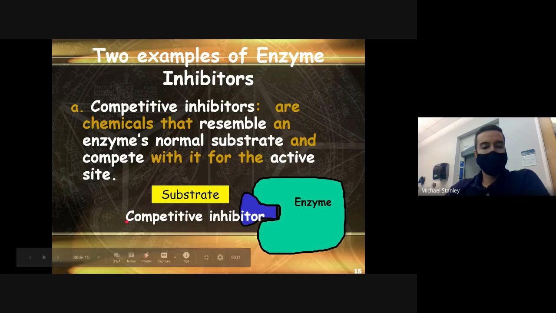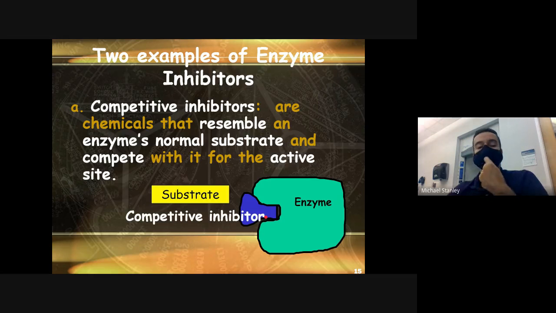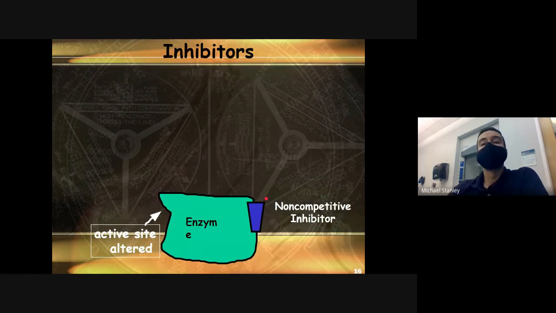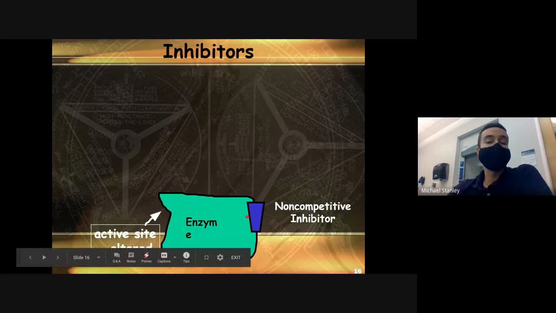So if a competitive inhibitor goes in and blocks the active site from the substrate, a non-competitive inhibitor goes somewhere else on the enzyme, but it also messes up the active site.